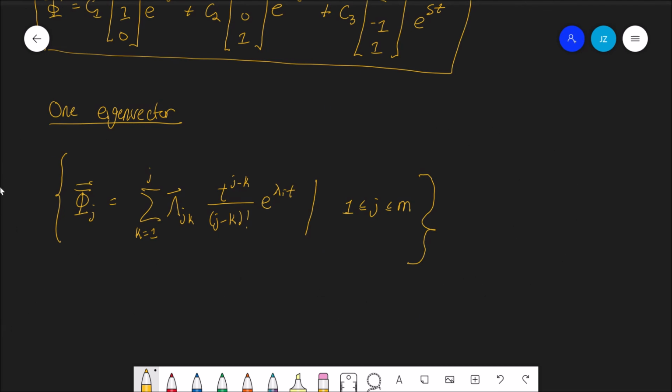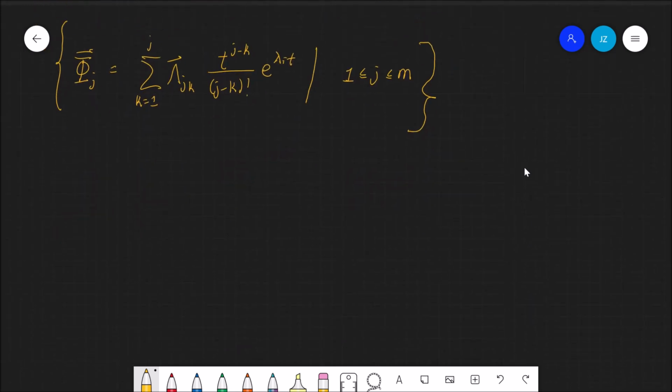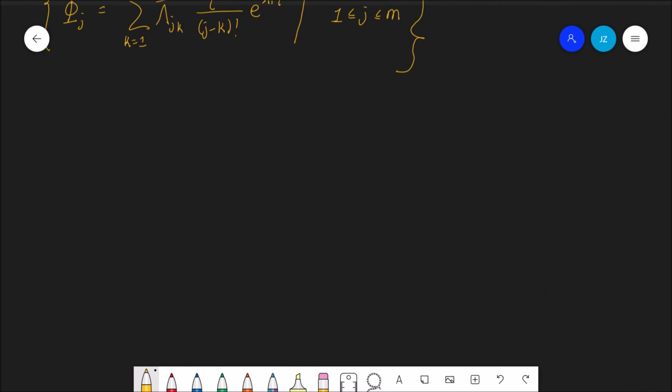Now this looks like a mess, but I'll show you how to find these using the system x prime equals the matrix 2, 1, 6, 0, 2, 5, 0, 0, 2 times x. So we'll go ahead and solve this system now. So once again, this is our coefficient matrix. It's 3 by 3.